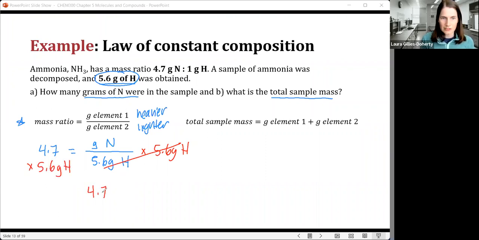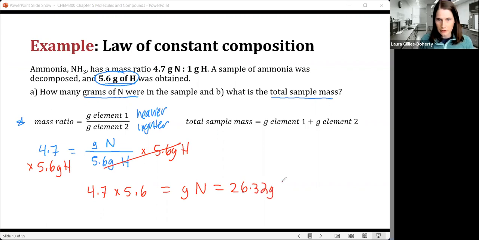So we get 4.7 times 5.6 equals our grams of nitrogen. And I get 26.32 grams of nitrogen. And if we check our sig figs, like we always have to do anytime we're doing calculations, we had 2 sig figs in our mass ratio. We had 2 sig figs on our mass of hydrogen, so we should end up with 2 sig figs on our grams of nitrogen.